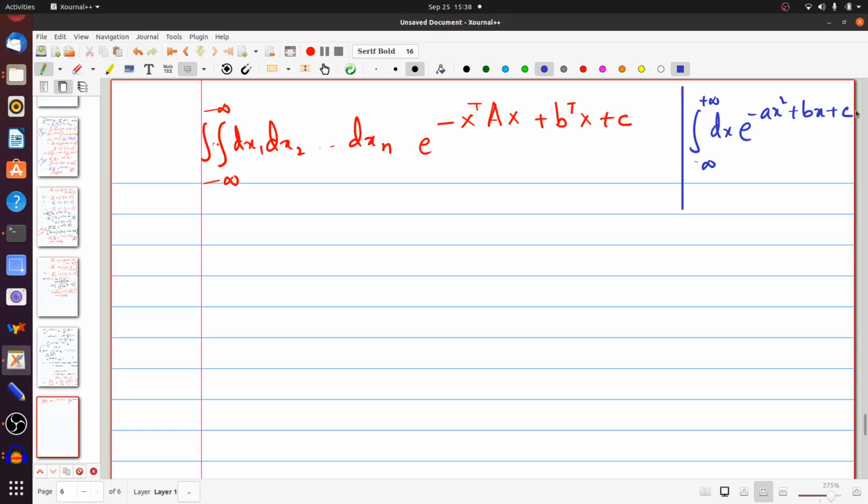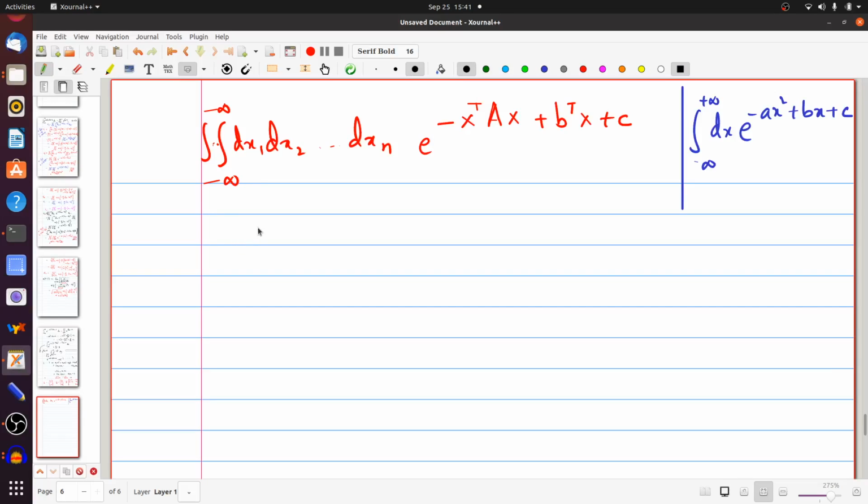Now, of course, you should be able to understand exactly why we are talking of an integral like this. The integral that we had to do over n variables to find out Kn, the propagator's nth approximant, is exactly an integral of this form for a specific choice of the matrices A, B and C. So we are right now trying to work out the Gaussian integral in multiple dimensions in general, a result that will be quite useful in many applications.